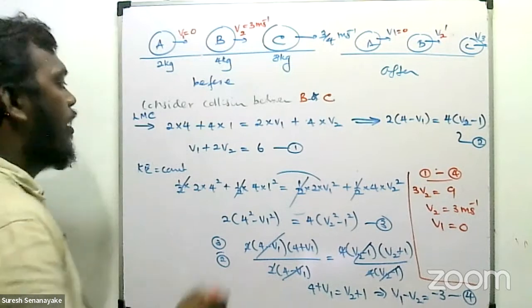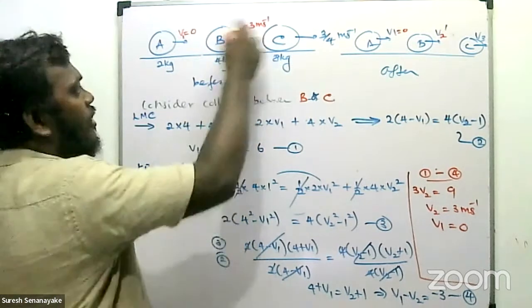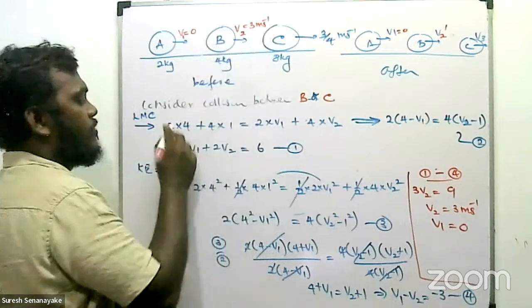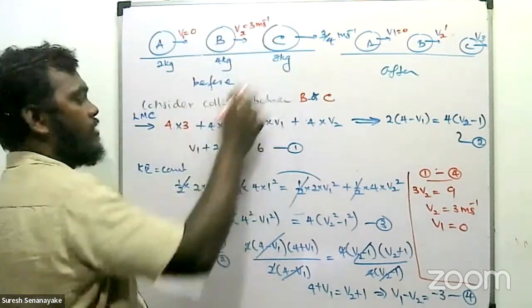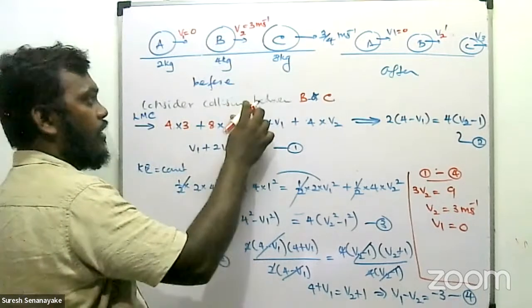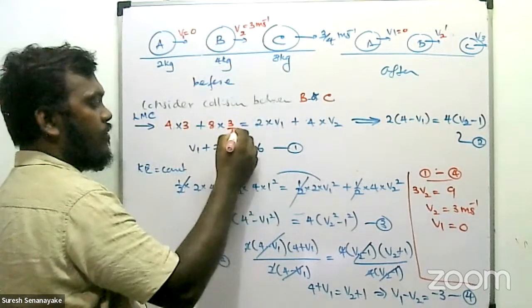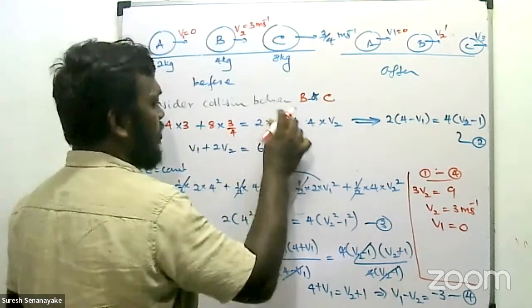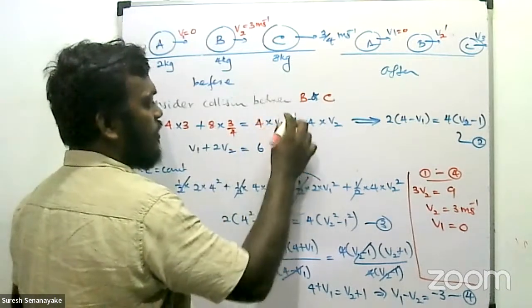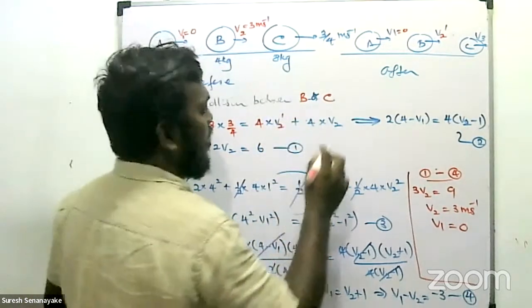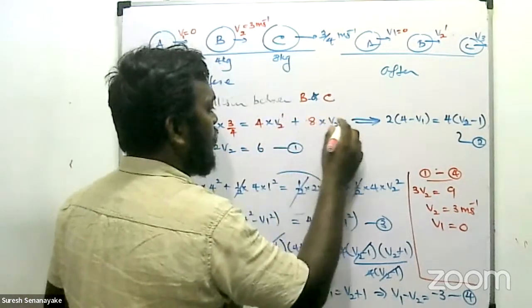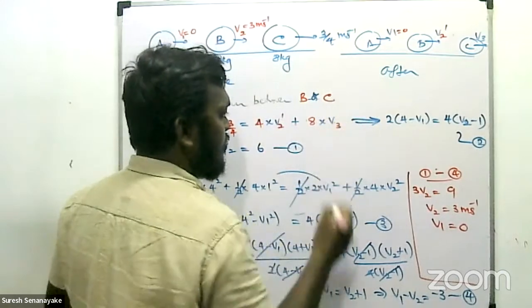Okay, then the linear momentum of this: 4 into 3, and this one is 8 into its velocity 3 over 4, and this is 4 into v2 dash, and now it's 8 into v3, right?